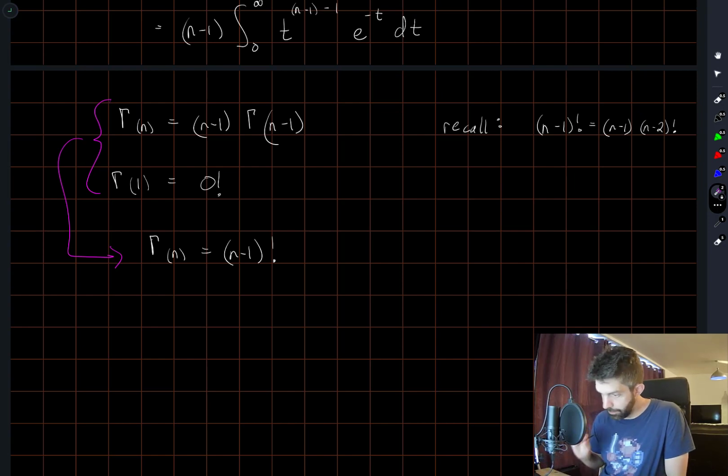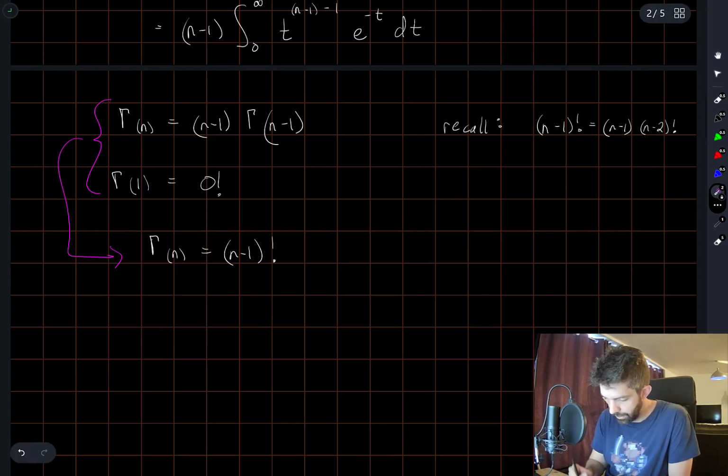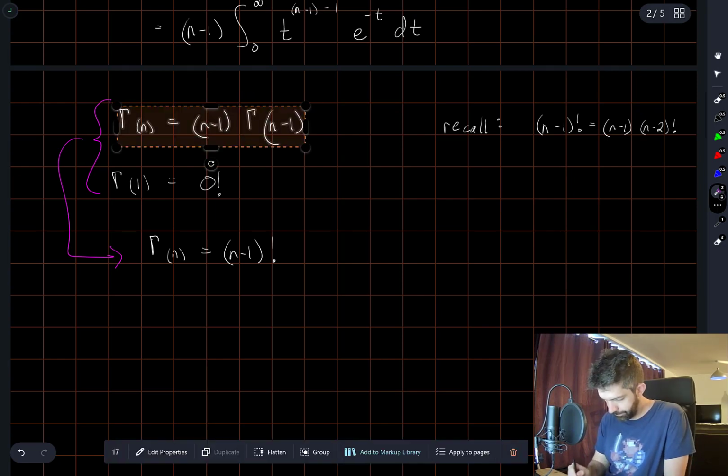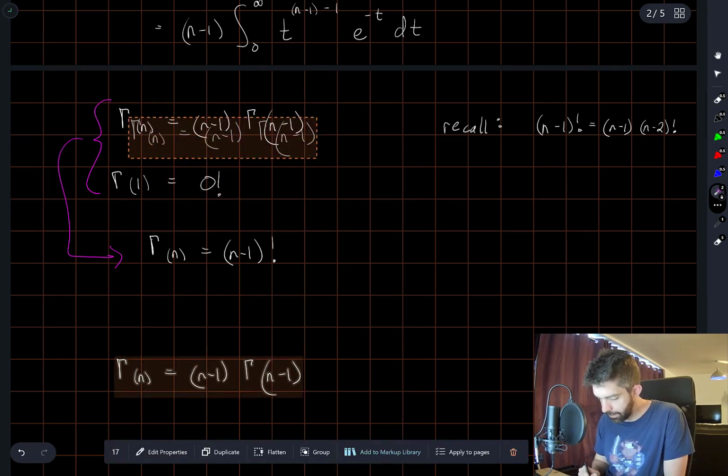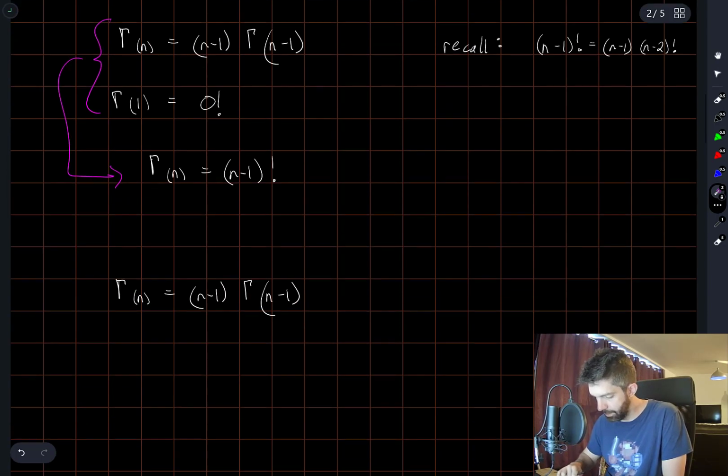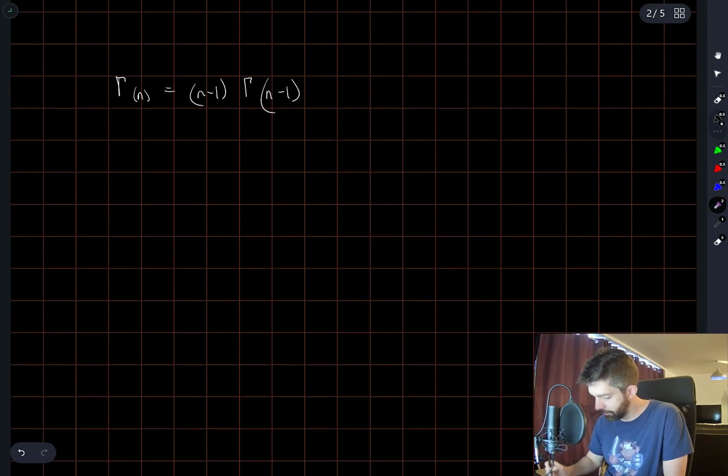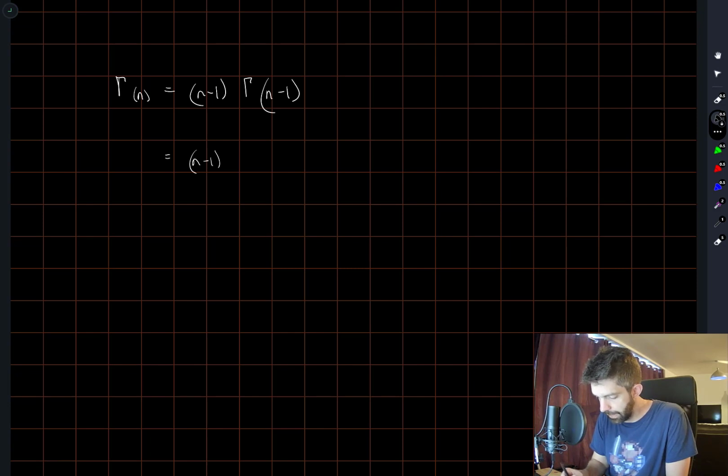Well, I suppose if I want to do this very strictly, I said I was doing this by induction. So really what I should do is take this here. I kind of jumped the gun a little bit on things. By my induction assumption, I'm assuming that gamma of n minus 1 is equal to n minus 2 factorial, like this.